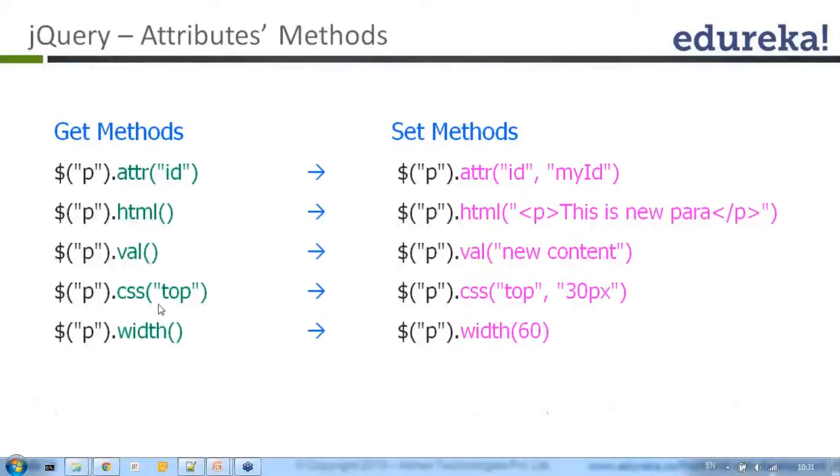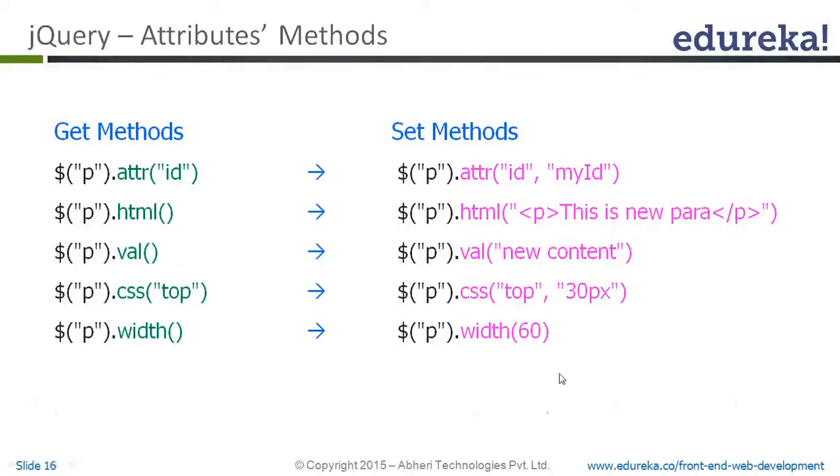Similarly, if you want to get the top attribute of CSS for these paragraph elements, this is a get method and this is a set method. Here you are setting top to 30 pixels and so on. For most of them you will have get and set methods, but for animating something you will have only one function call.